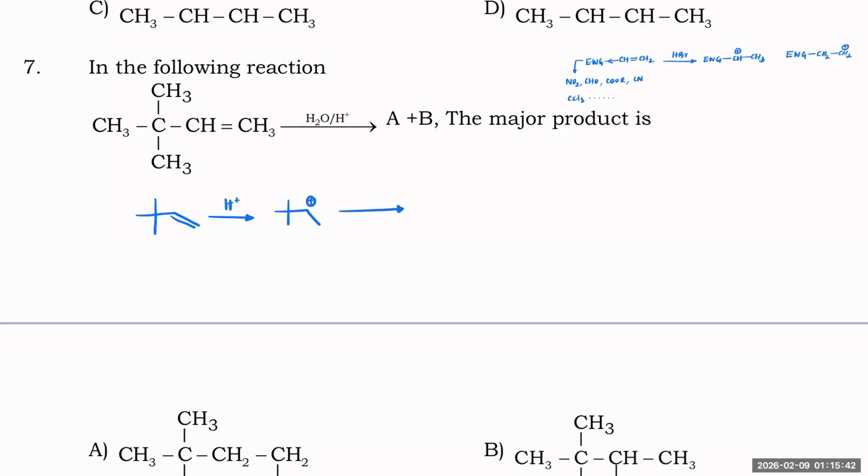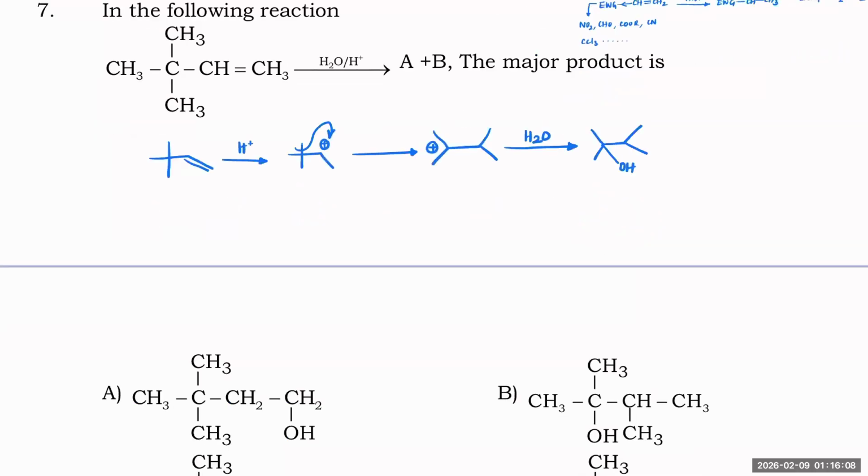Thereafter, a methyl shift will happen better because this time all three are methyl groups only. Hence, we will get this way with positive charge here. Once you get a positive charge here, then H2O gets attached onto it. So you will get OH on this position. That's it. This is the product that you will get. Tertiary alcohol product. Clear?